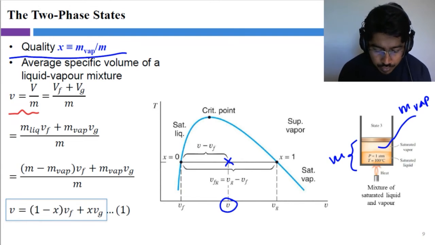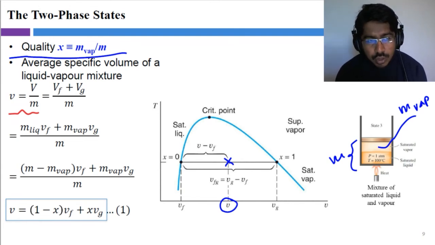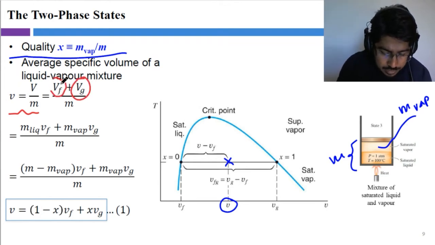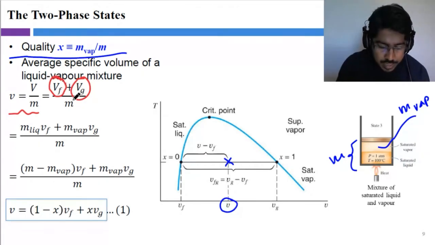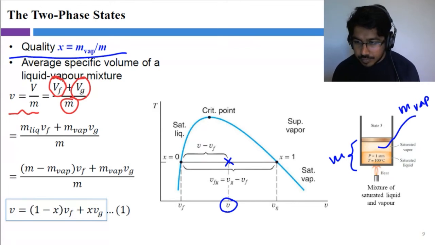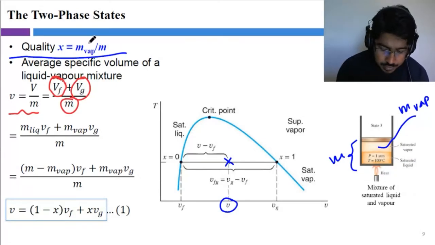And then we can represent the total volume of the substance as volume of liquid plus volume of gas, and then we divide it by the total mass, right? And then the total volume of liquid, so m vap is the vapor mass.